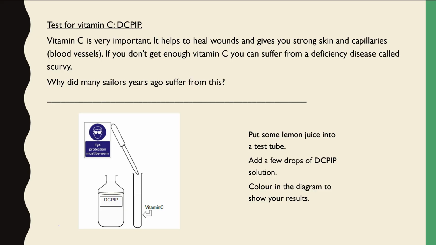So on page 14 now in your booklets, we're going to colour in the DCPIP, that very dark blue colour. So make sure that you colour yours in fully. So in the pipette, the DCPIP was still that dark blue colour.